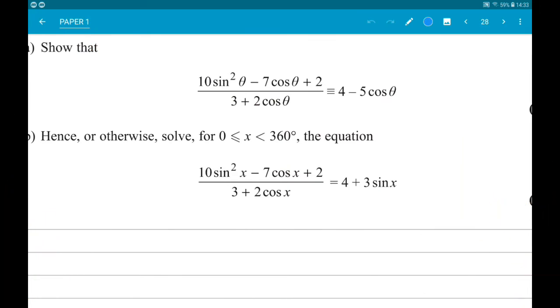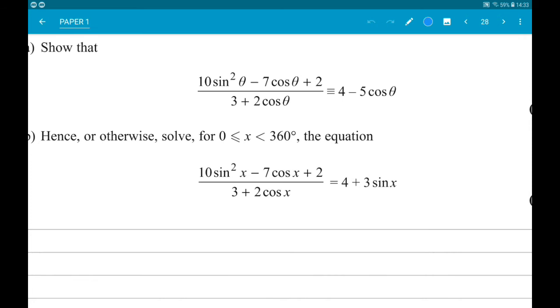Okay, number 12 wants us to show that 10 sine squared theta minus 7 cos theta add 2 over 3 add 2 cos theta is identical to 4 minus 5 cos theta. Okay, so we need to turn everything on the left into cos.